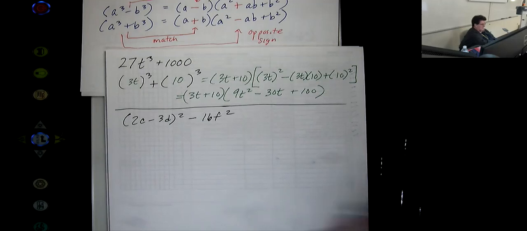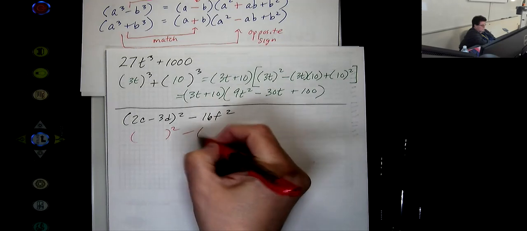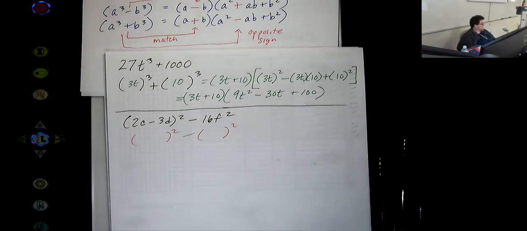This is technically something squared minus something squared. Is that the C? It's 2c minus 3d.